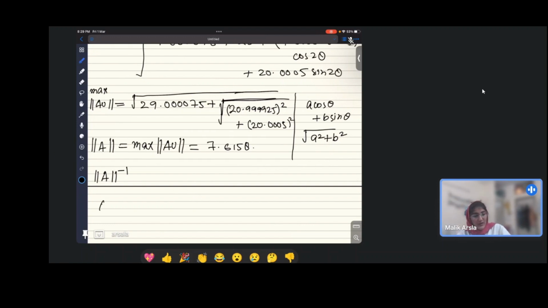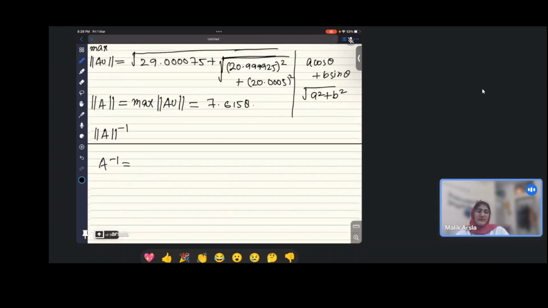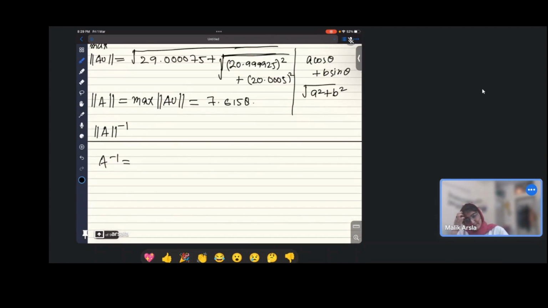First, tell me what A inverse is. Quickly find out A inverse. It's a 2 cross 2 matrix. Find out the A inverse and tell me what it is. 25 to 10 power minus 4, and 5 minus 5, minus 2, 2.007.